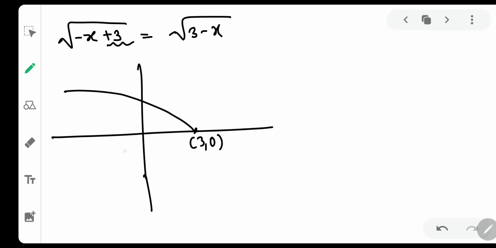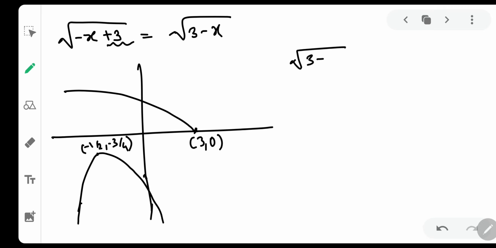So I can make this graph like this. Over here this is minus half and minus 3 by 4, and this is my parabola facing vertically downwards. Now what we need to solve is root of 3 minus x equal to minus x square minus x minus 1.